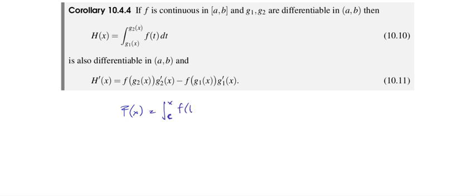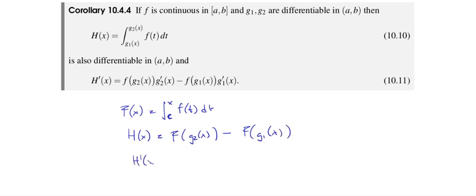So again, if F is a primitive, any primitive, for instance, let's say the integral from c to x of f, then H of x is just F at g2 minus F at g1. Now if you compute the derivative, this is going to be differentiable because all of these functions are, and you get this derivative just by applying the chain rule.